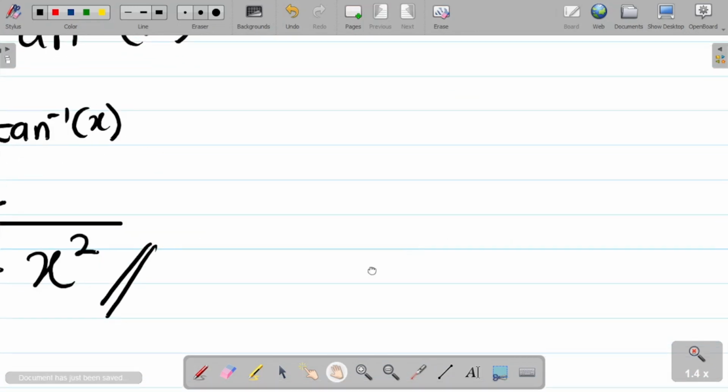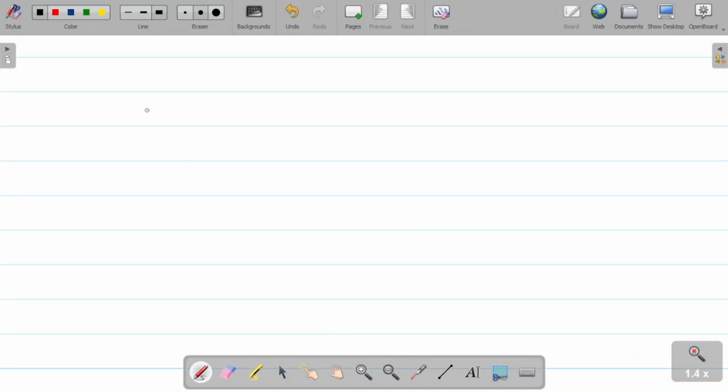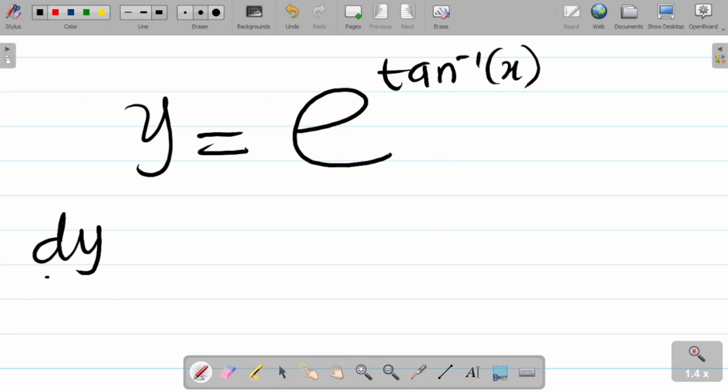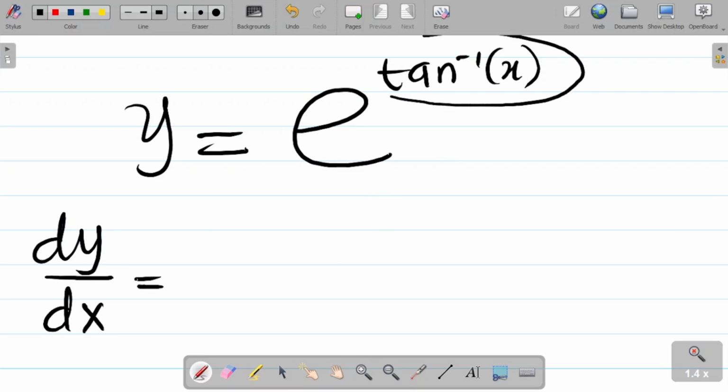Now, let's look at the exponential differentiation shortcut. Let's say I was given that y is equal to exponential tan inverse of x. I've already discussed the concept of exponential differentiation shortcuts, and I said in the shortcut we'll have that dy over dx would simply be equal to, the shortcut is this, right? Take out the power, which in this case is tan inverse of x, differentiate the power.